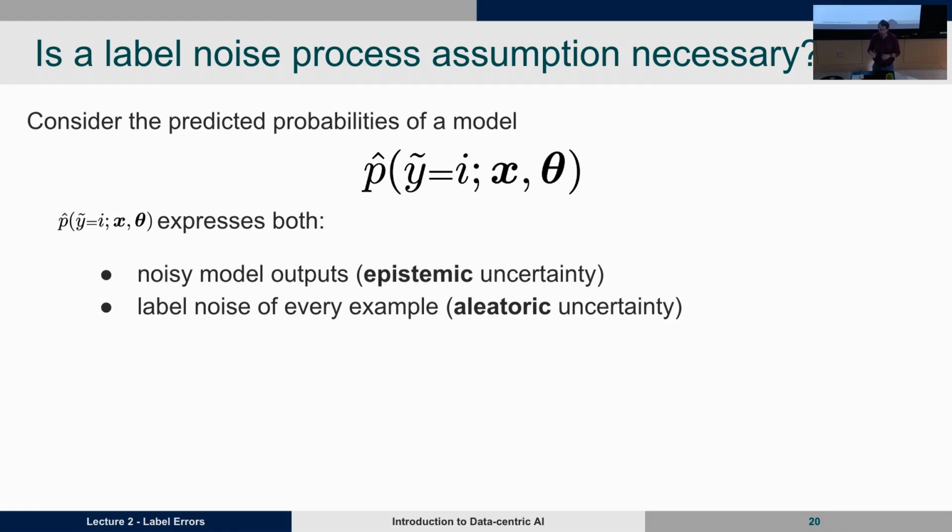Can somebody tell me really quickly what the perfect predicted probability would be if you had an example that was labeled dog, but it's actually a cat? And in your data set, 0.3 or 30% of dogs are labeled cat. Then, if a model was perfect, what would it output for the probability?